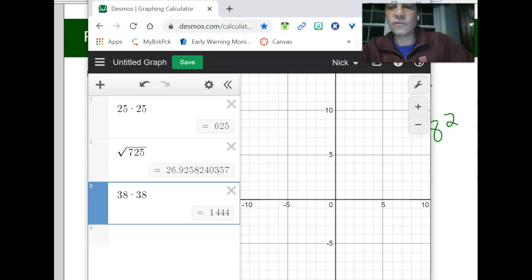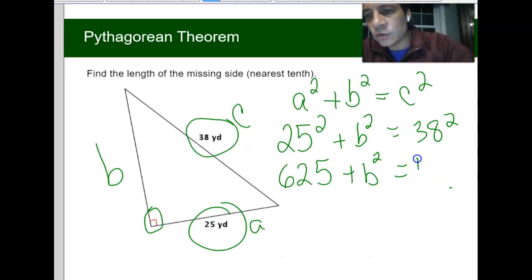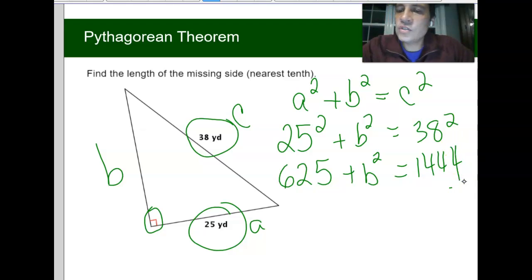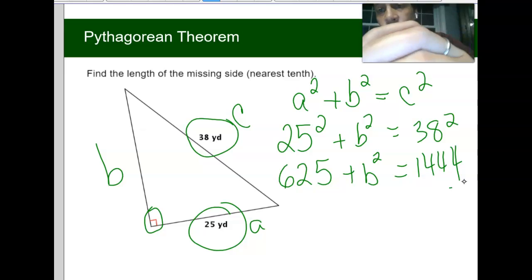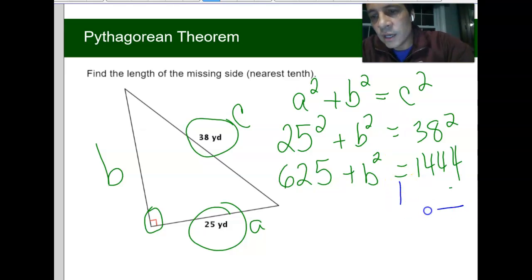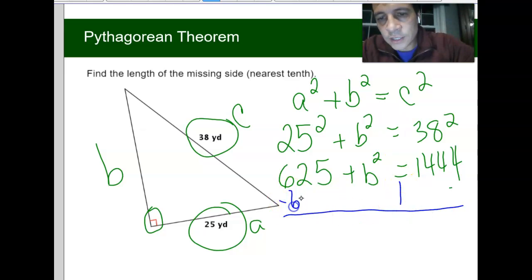Oh, it's 1444. So now I have an equation I want to solve. I want to get the variable by itself. What should I do to get the variable by itself? Well, this is similar to problems that we've been working on. I'm going to zero out the constant that's on the variable side.